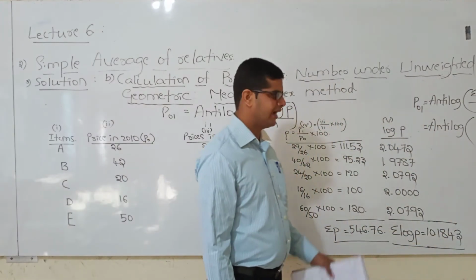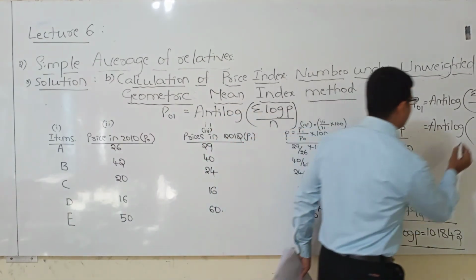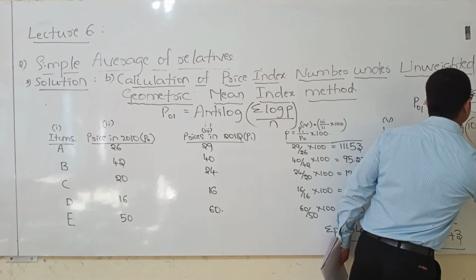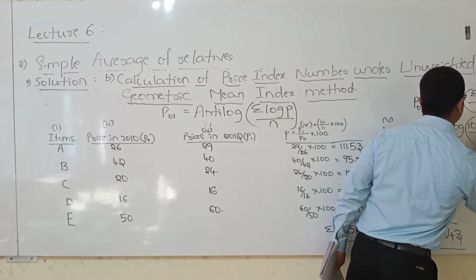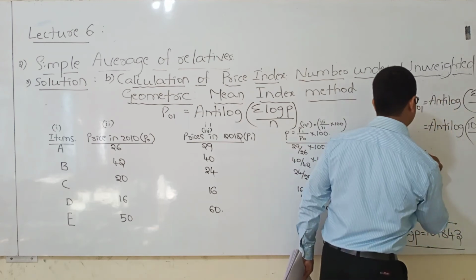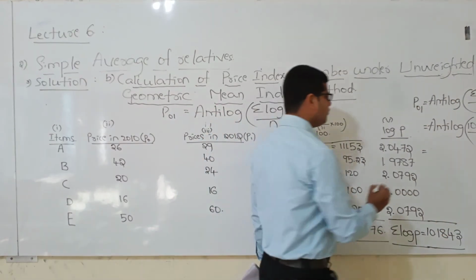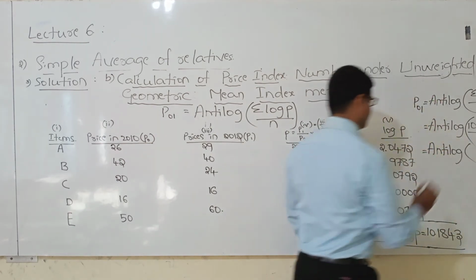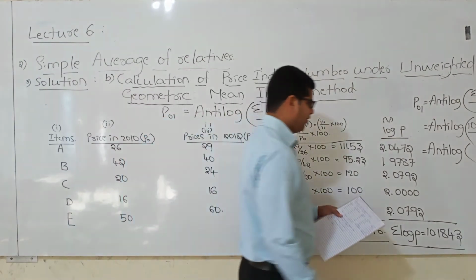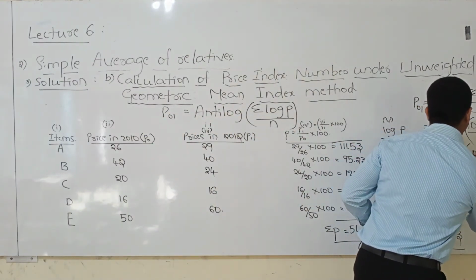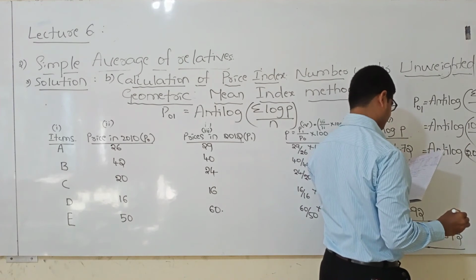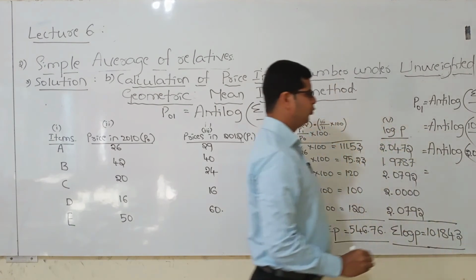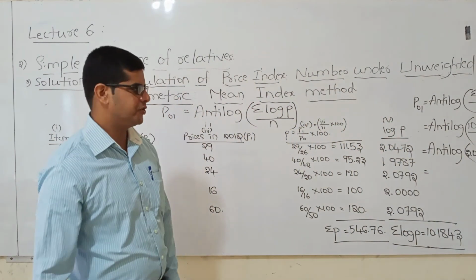Further we simplify this, anti-log into bracket, what is the value? 10.1843 divided by n, n is 5. So anti-log 2.03686.